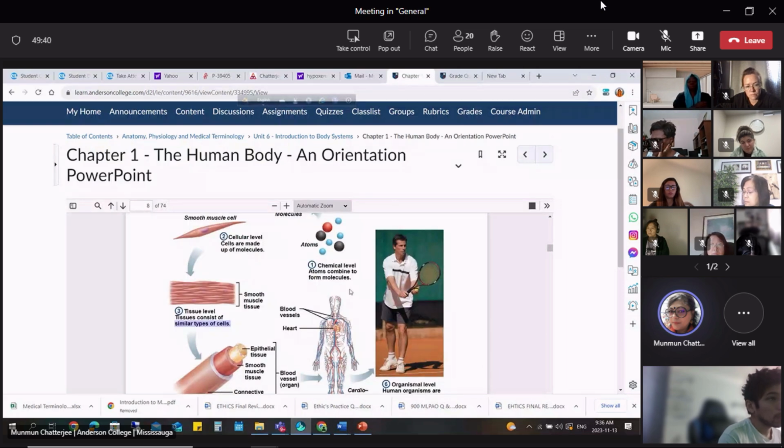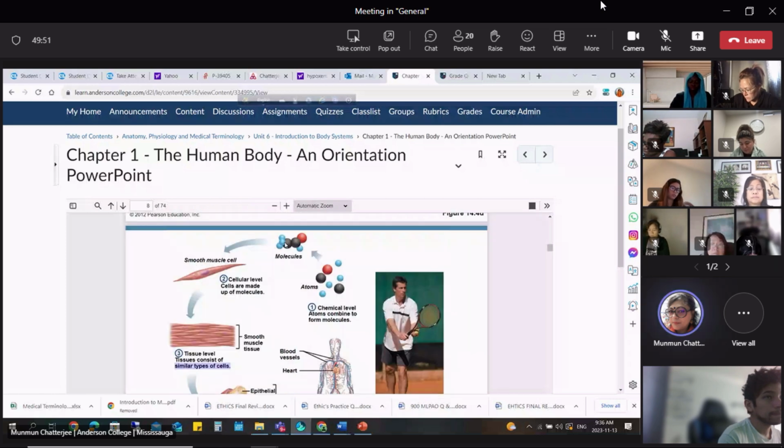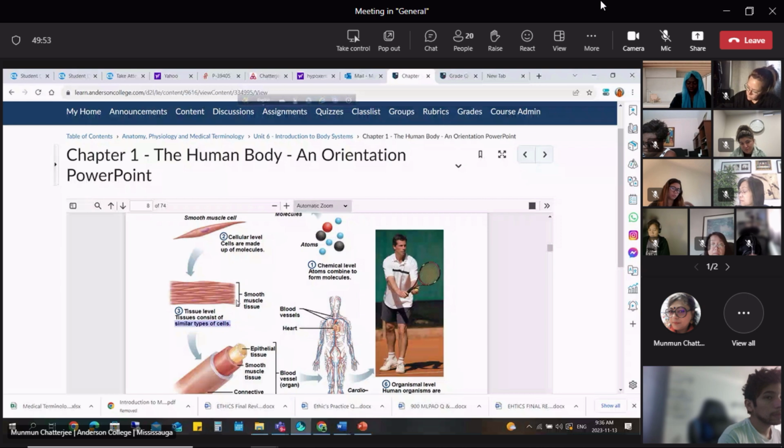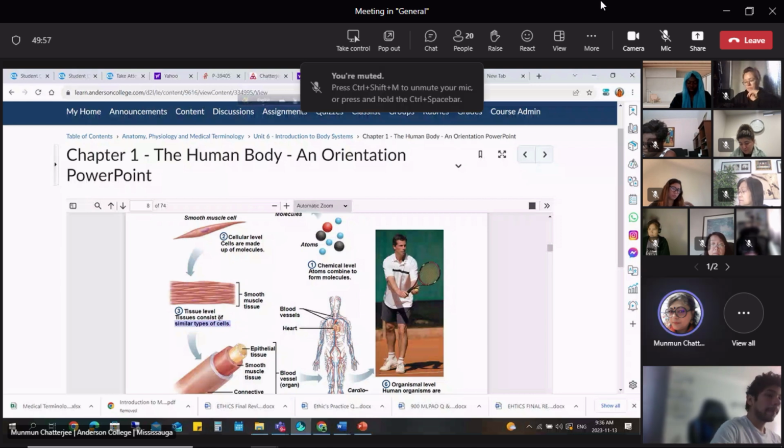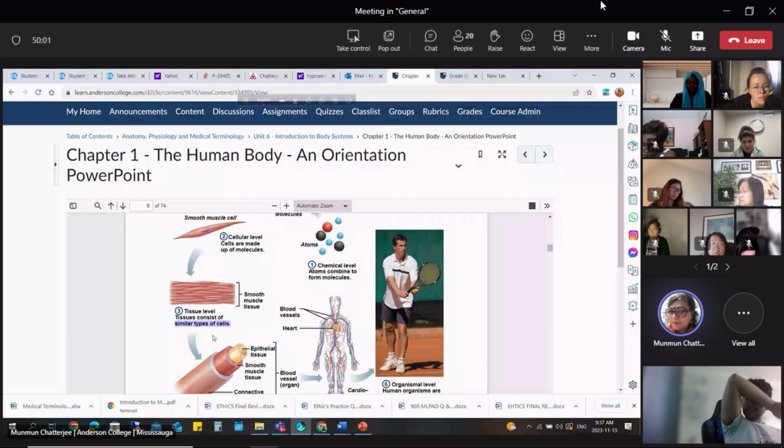Number one, chemical level. Chemical level has two steps: atoms and molecules. Molecules combine together to form the cellular level. At the cellular level, similar types of cells form the tissue level. Here is the clue, okay? Similar types of cells form the tissue level.